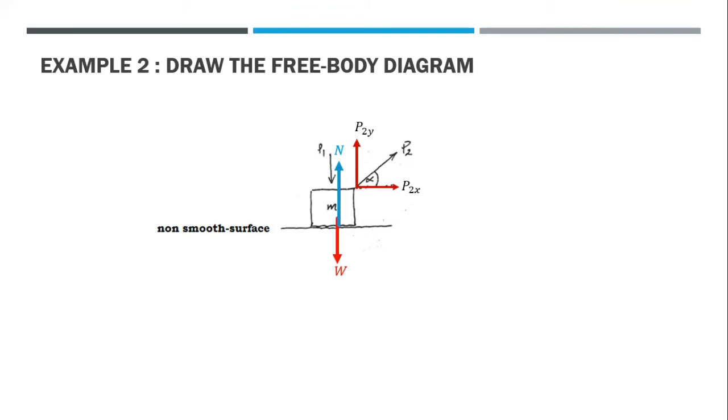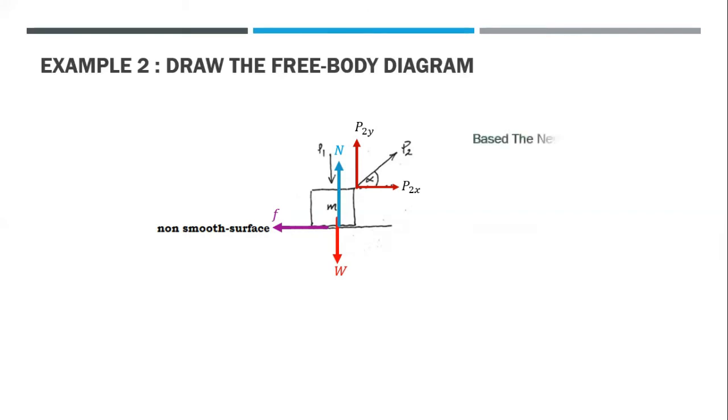And then the last force is friction. Why do we have a friction force on this object? Because we already identified that this object lies on the rough surface or non-smooth surface. So there is friction lying opposite to the motion.